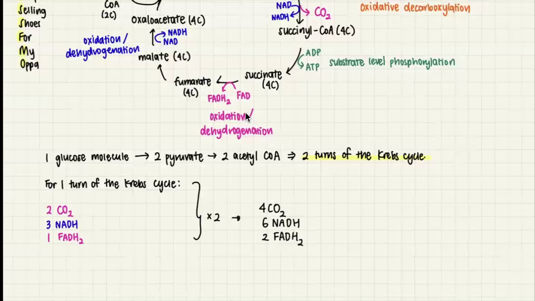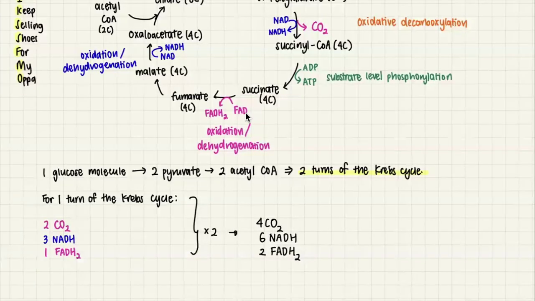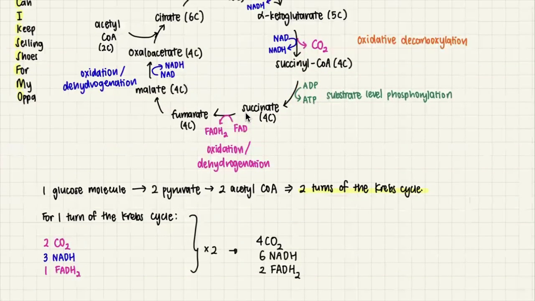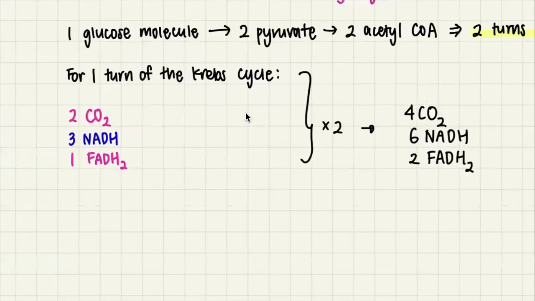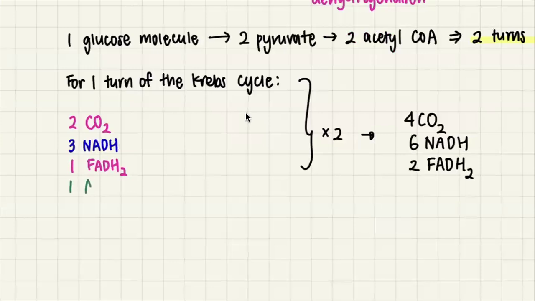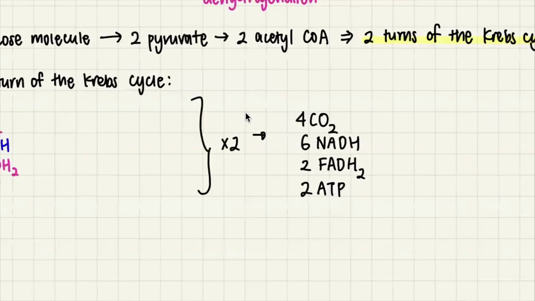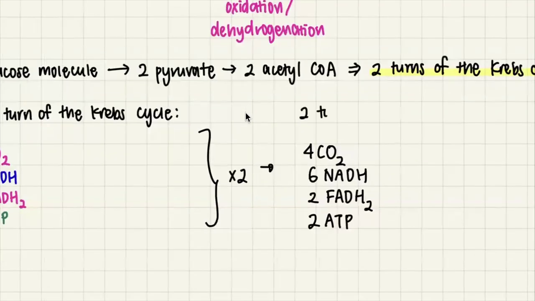Oh, and we're missing something: our ATP, the most important thing. So we also need to account for ATP. For 1 turn, 1 ATP is produced, and if I extend this line, I'll get 2 ATP. So this is for 2 turns of the Krebs cycle.